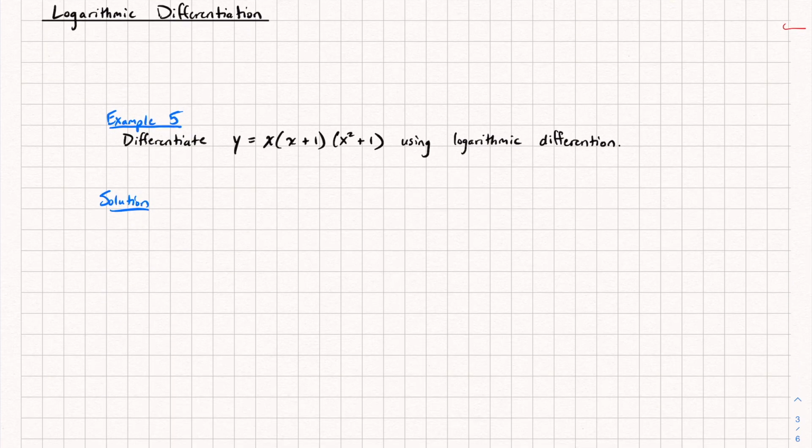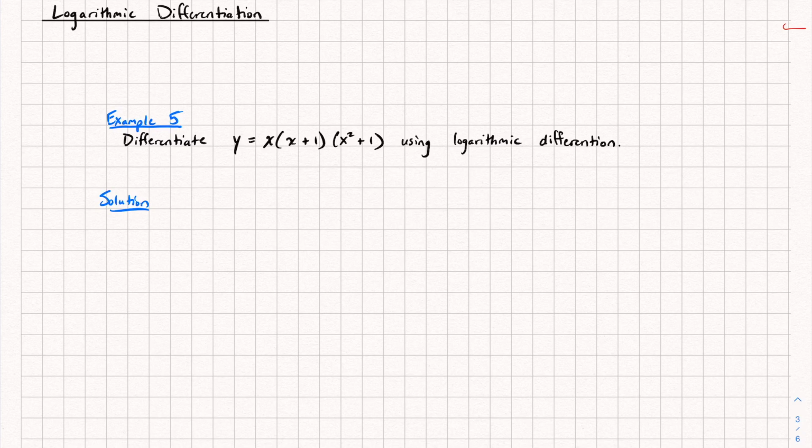So what it deals with, and you can see this in example 5, is we're going to take a function that does not have an ln, where the derivative would be fairly complex, and by taking the natural logarithm of both sides, by inputting an ln into the problem, we can then use my laws to make the derivative a little bit easier to work with.